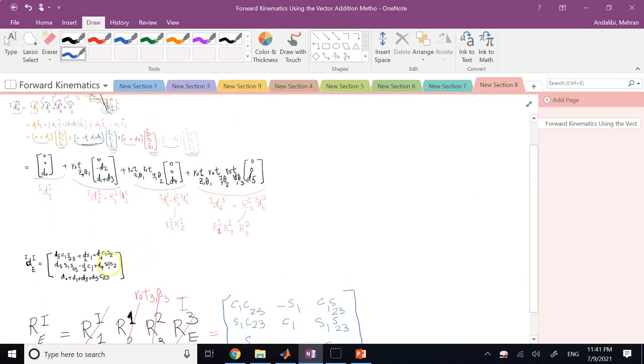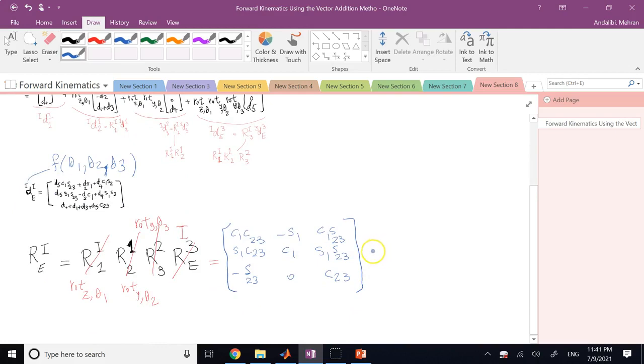And you see here that this guy here is a function of what? Everything involved in it. If you look, there is C23 and there is C1. So yes, all three angles are showing themselves here in the position. And here again, you clearly see all three angles are involved. So in this case, the three angles are involved in both position and orientation of the end effector with respect to base.